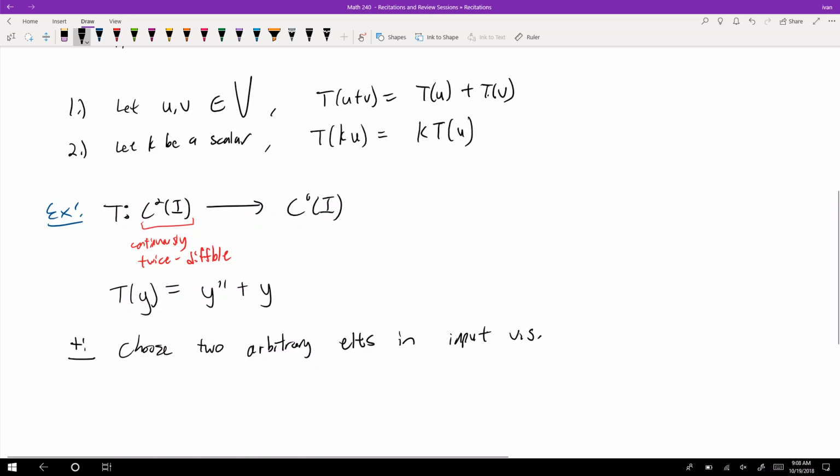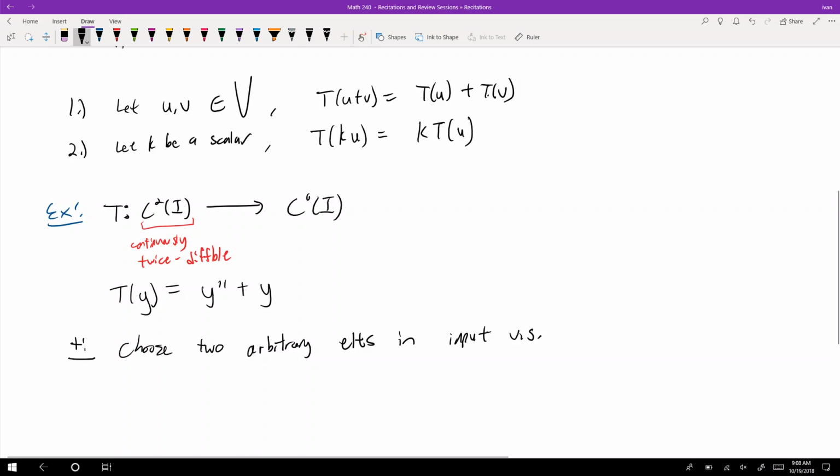Okay, so does anyone have two arbitrary elements they want to give me in the input? Not quite. What does my input look like?